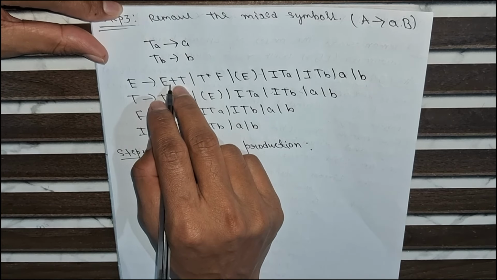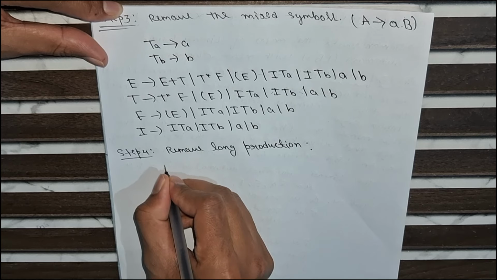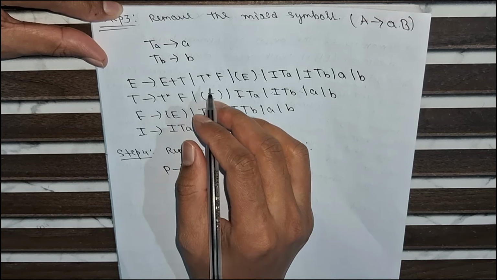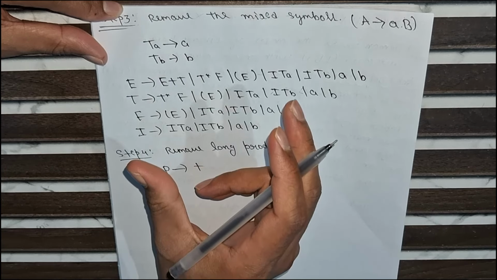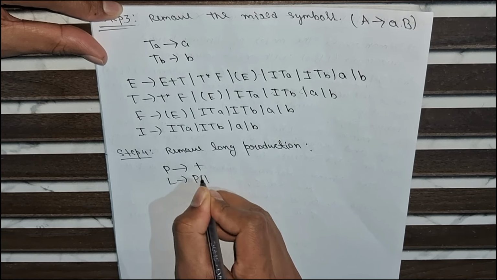How will we remove it? We will let this as P implies plus. And I will let these two as a single variable, so like this L implies PT.